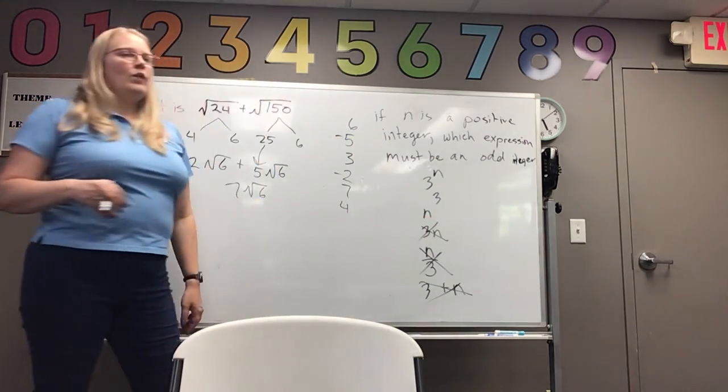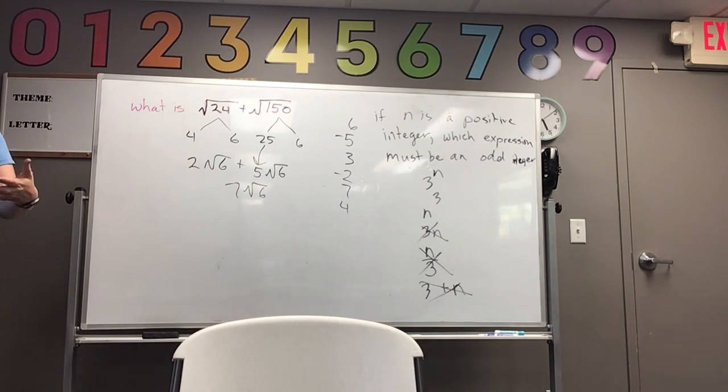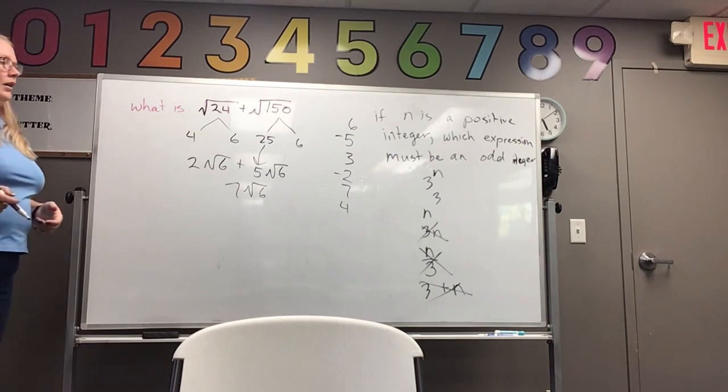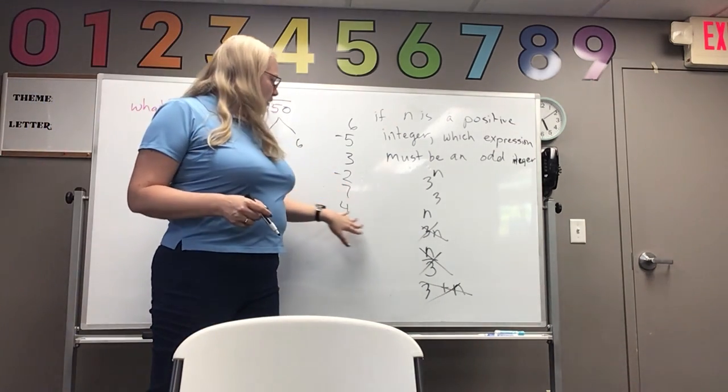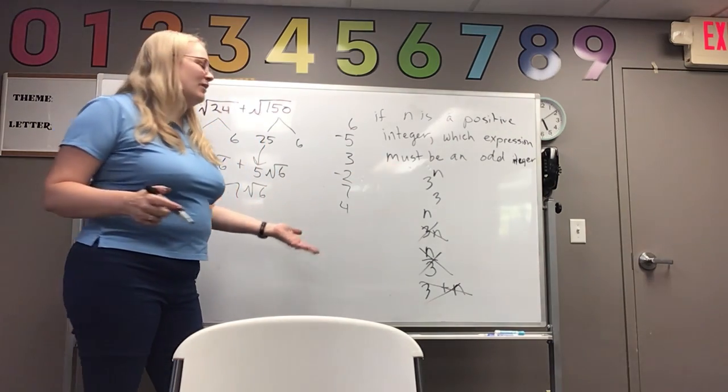So the only way to get an odd number every single time is to only multiply odd numbers. The instant you multiply by any even number, it's going to be even. If you were to take 4 to the third power, 4 times 4 times 4, still even.